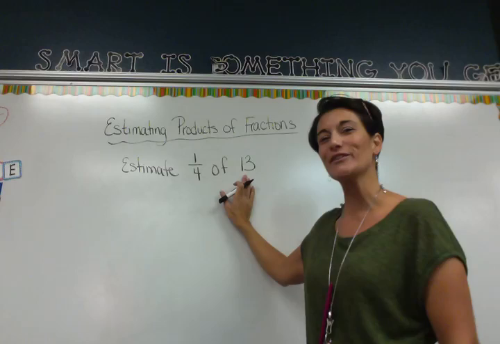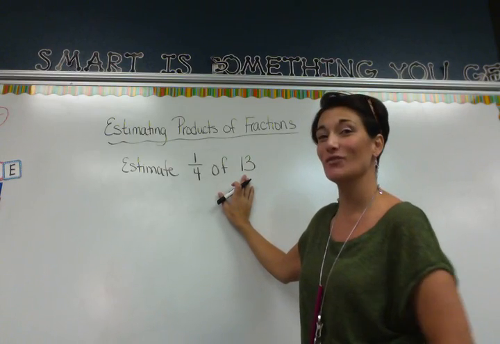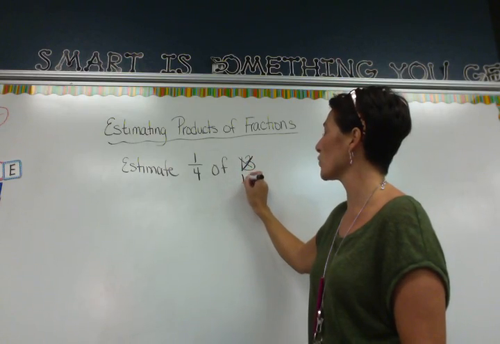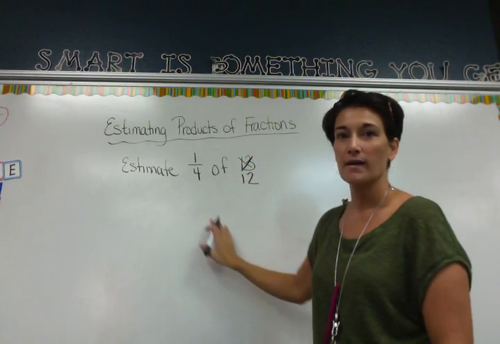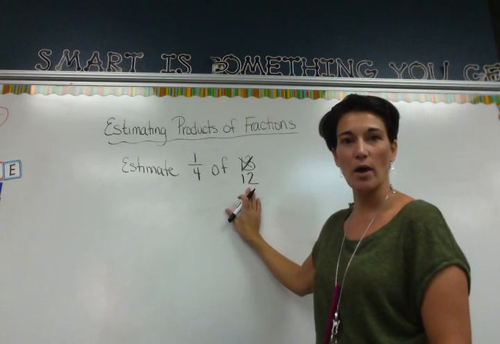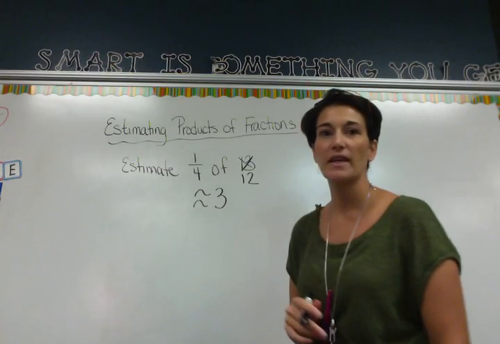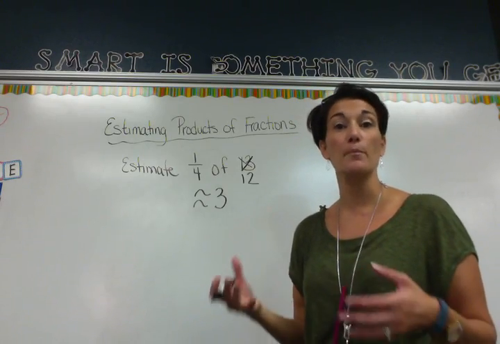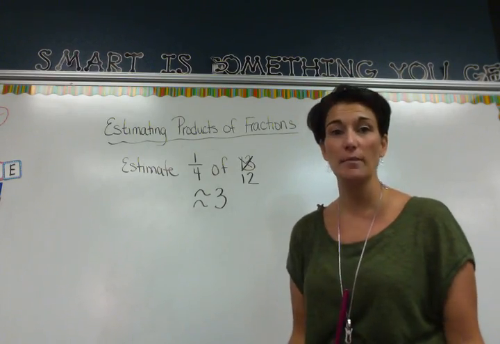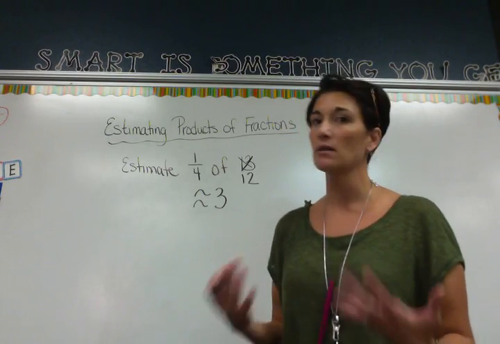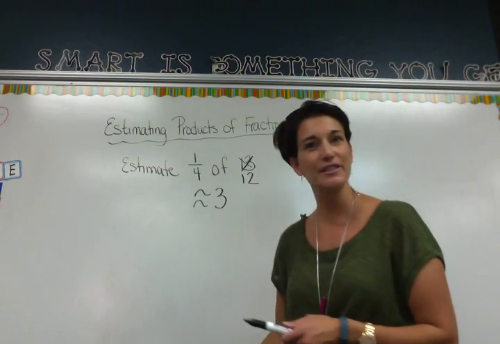You're thinking no. So you're thinking to yourself, what number does 4 go into that's really close to 13? And hopefully you're thinking of 12. And 4 goes into 12 about 3. The key today is, since we're estimating, we would say about 3. And if you need to draw a picture with X's or whatever other shape you would like to use to help you with this, go for it. All right, let's go on to our next example.